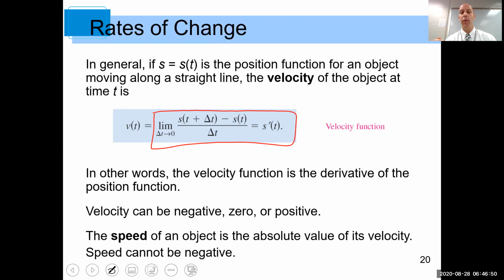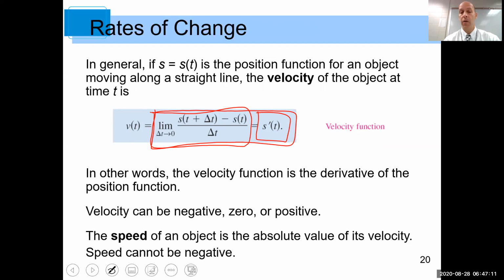Now we want to know, how do we get the actual speed at an instant, or an instantaneous rate of change, or the actual velocity at any given time t? This is the answer, and by the way, it comes down to this. It's the derivative of the position function. And this should look familiar because this is pretty much our formal definition of a derivative.